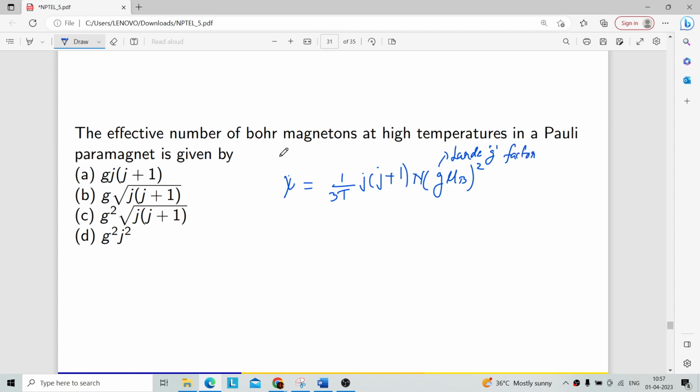This was for high temperature. You can check from the class. This is the susceptibility formula for high temperature.